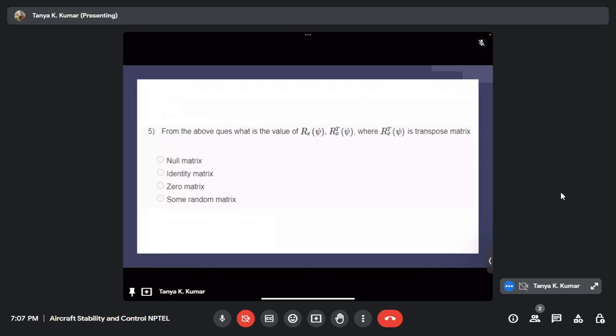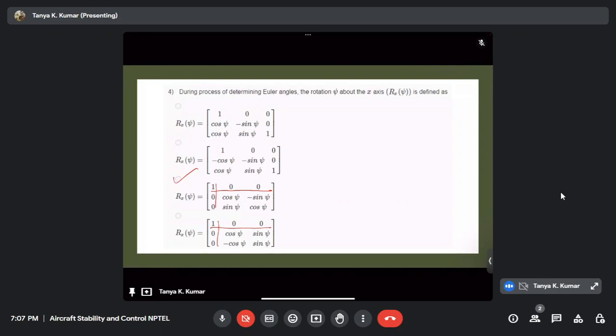Just take this matrix that you have here, multiply it with its transpose and tell me what is the value. I'll give you a couple of minutes to do this. Just multiply and tell me what is the value.